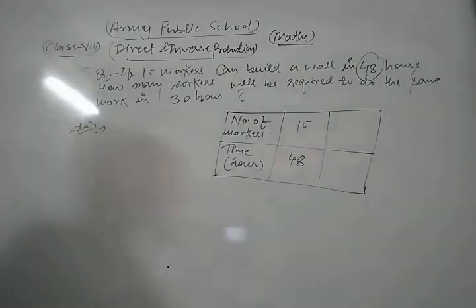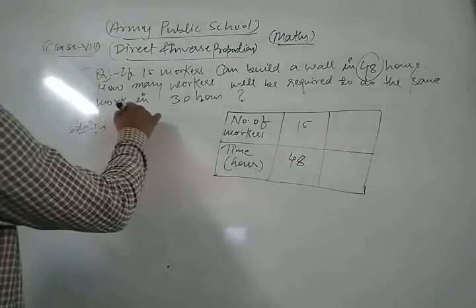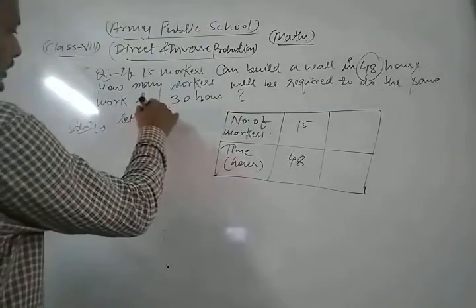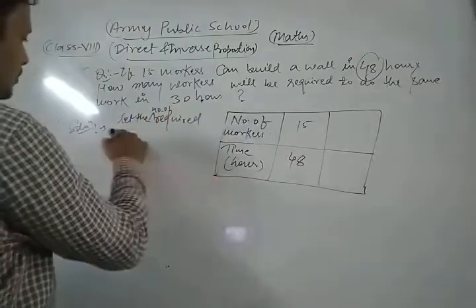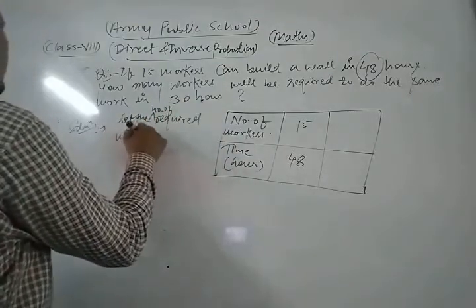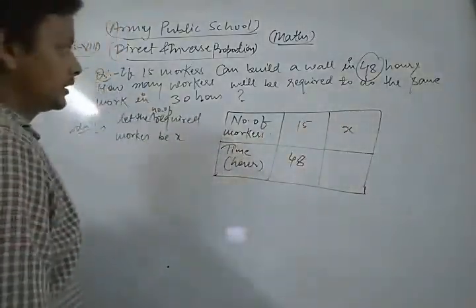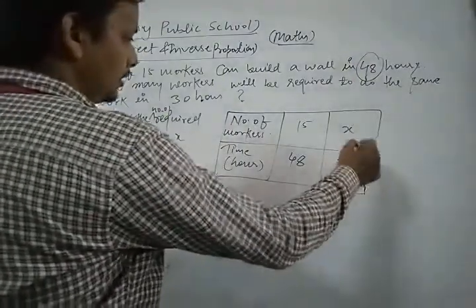Now, how many workers? Let the number of required workers be x. So x workers are required to do the same work in 30 hours.